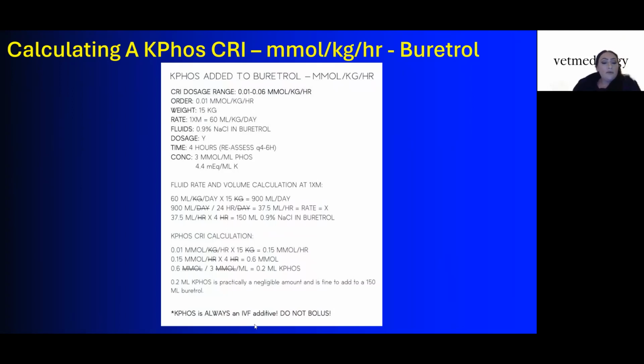So 0.2 mLs KPhos is practically a negligible amount, which is fine to add to a 150 mL Buretrol. KPhos is also always an IVF additive. Do not bolus it, just like you would not bolus KCl.